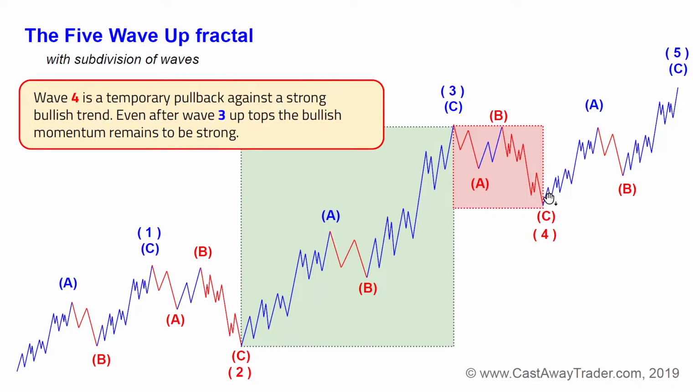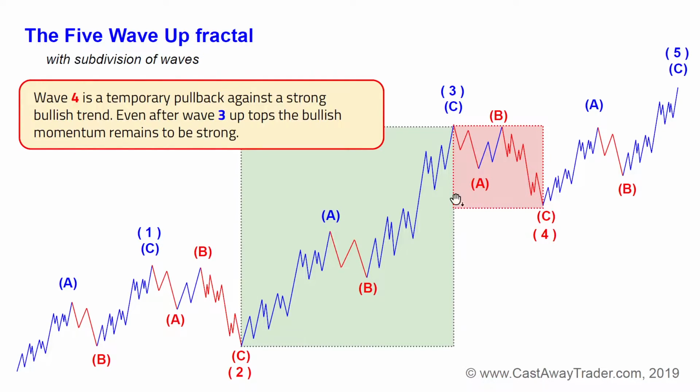We still have wave 5 up that has to make a new higher high over the top made by wave 3. This is why it's so important to be able to pinpoint the completion of that ABC down structure.